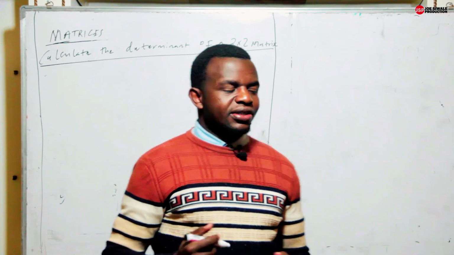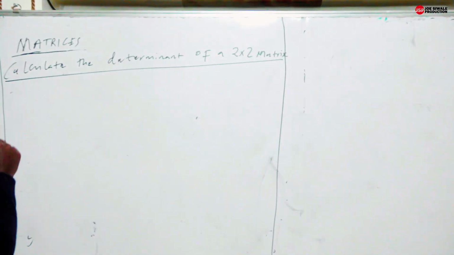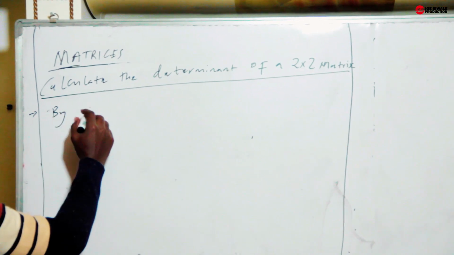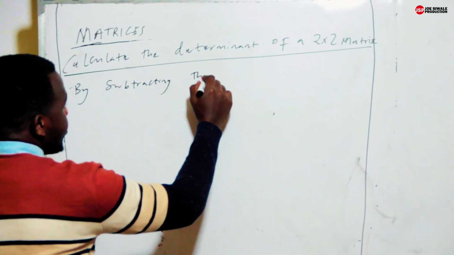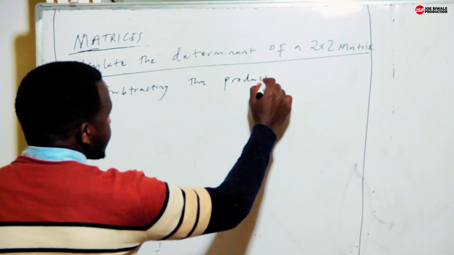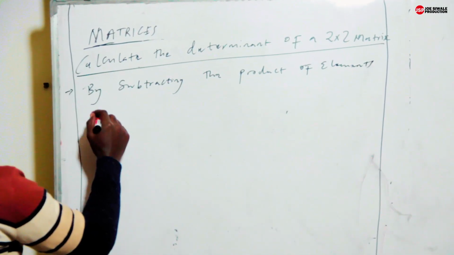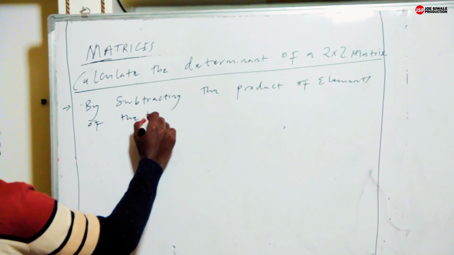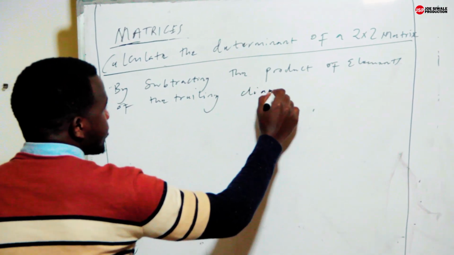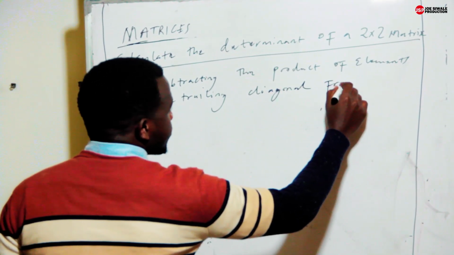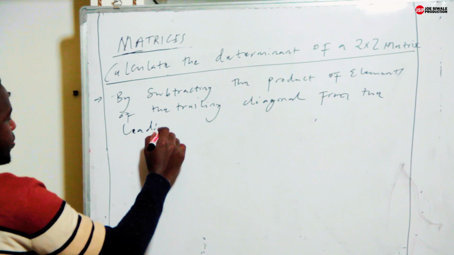So let us write down some points. I've said we calculate the determinant of a 2 by 2 matrix by subtracting the product of elements of the trailing diagonal from the leading diagonal.